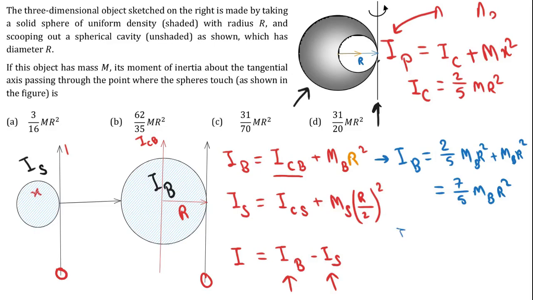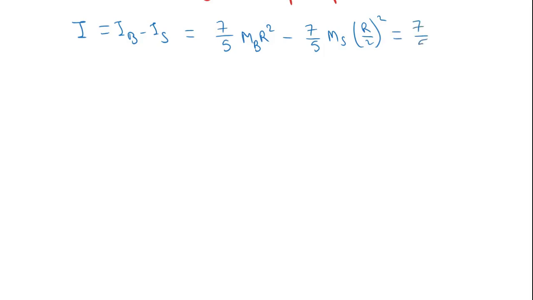This gives us the moment of inertia of the smaller sphere as 7 by 5 ms r divided by 2 whole square. Now we can do I equals IB minus IS as 7 by 5 mb r squared minus 7 by 5 ms r by 2 whole squared. This is equal to 7 by 5 r squared mb minus ms divided by 4.